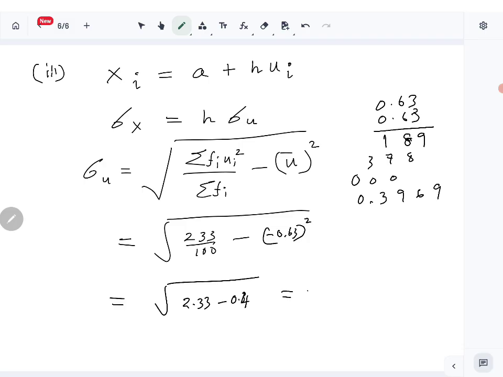So then this is 1.93. The square root of 1.93 is what?